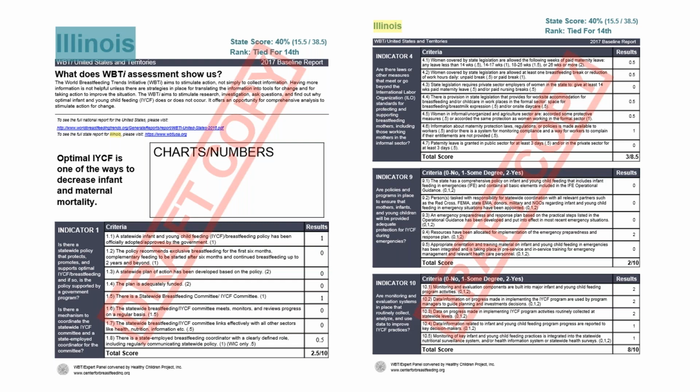And many states have real opportunities to get onto the emergency preparedness committees and push at that level for infant feeding policies to be included in the emergency policy.